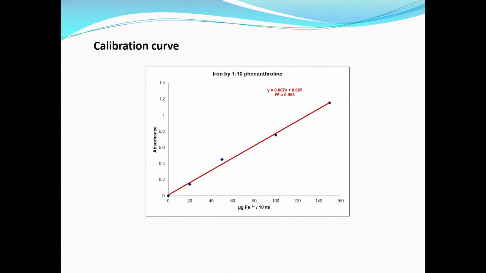Cadmium interferes, cobalt interferes, etc. Some of these interferences can be overcome by reducing the concentration, but some of them can be overcome by using the citrate citric acid buffer that we are already using here to remove the possible interferences.